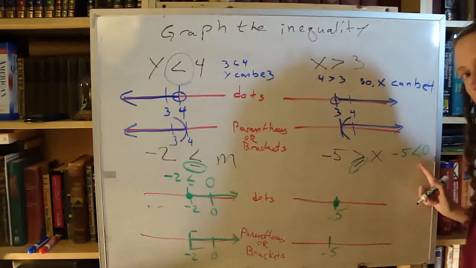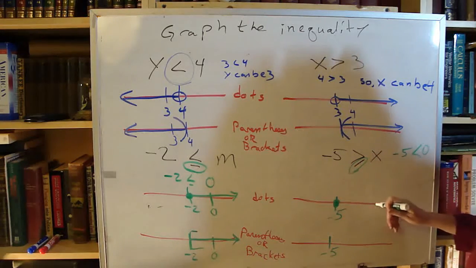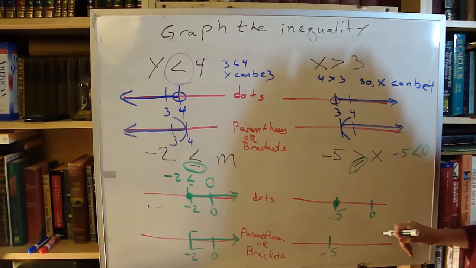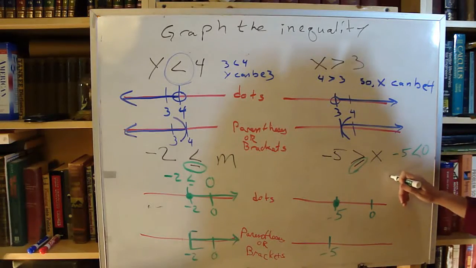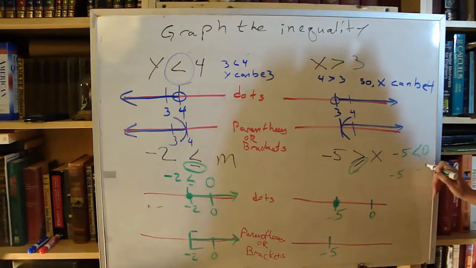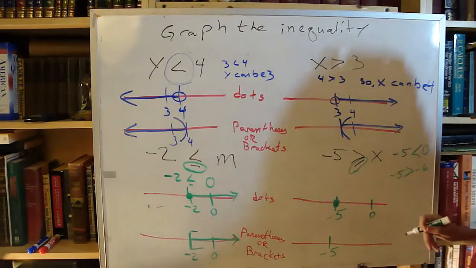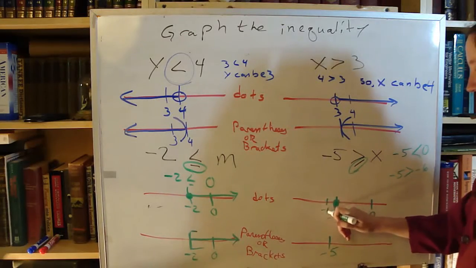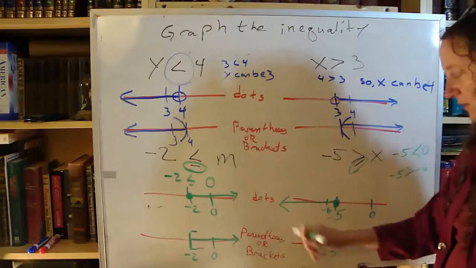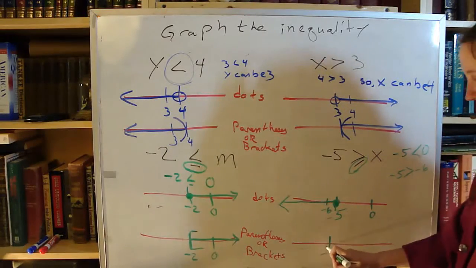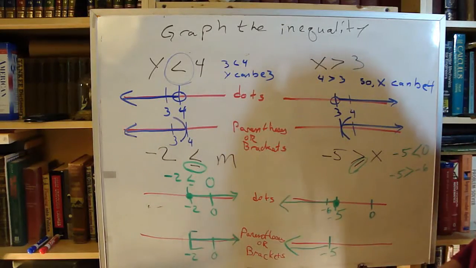The 0 is bigger. So I cannot make x equal 0. I want it to go the other direction. If I compare -5 to -6, now -5 is greater than -6. So I want my arrow to go out in that direction. Same thing down here. My arrow goes out in that direction.